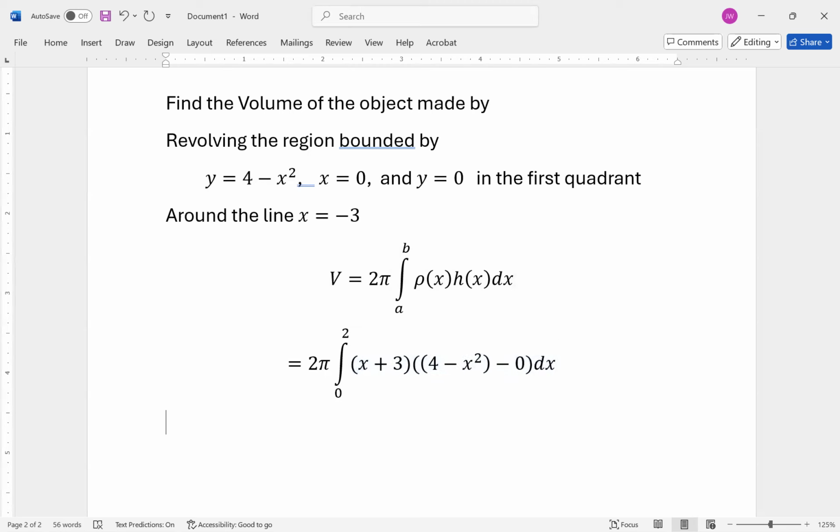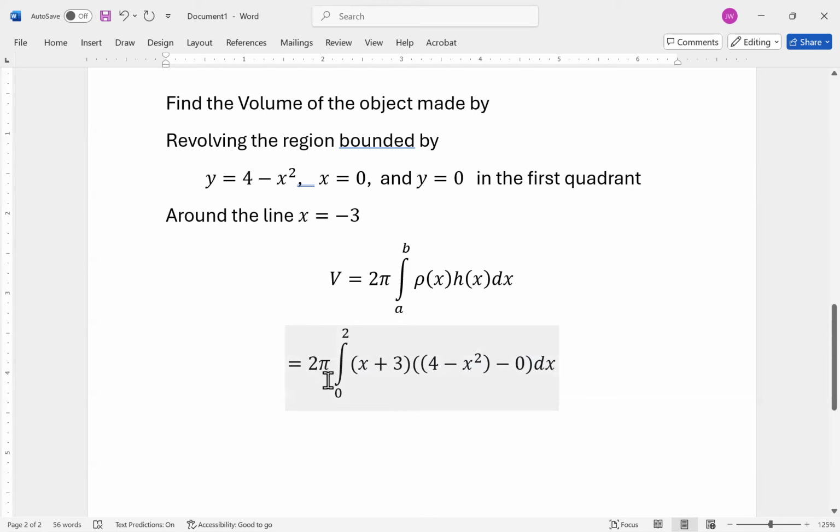Now we are ready to integrate. And again, generally I use my calculator to do that. If you want to do this by hand, you just have to multiply out the polynomial and then it's polynomial integration. Don't forget that there's a 2 out in front of the whole thing.